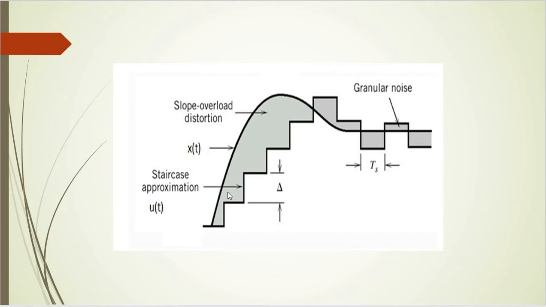One of the major drawbacks faced by delta modulation is that it introduces two errors, that is the slope overload error and granular error, or the slope overload distortion and granular noise. We have already studied this in the previous class. So here I will explain what slope overload and granular noise are once again.